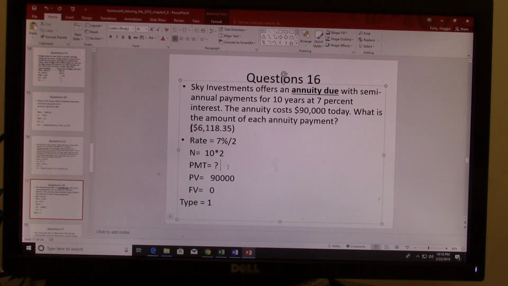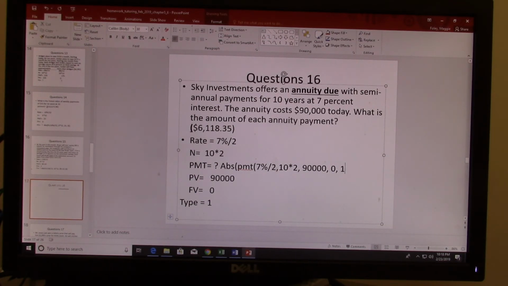So what you do, for example, for this question that is asking you how much is the payment, right? So the function should be ABS, PMT is a function, 7% divided by 2, 10 multiplied by 2, and PV, 90,000, future value. However, the 0 here is the future value.